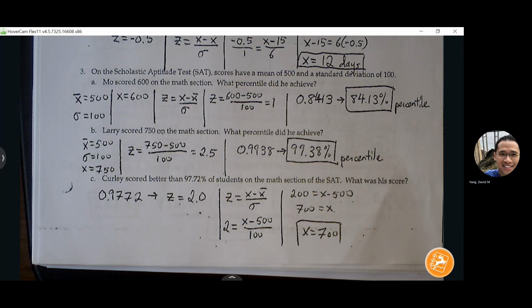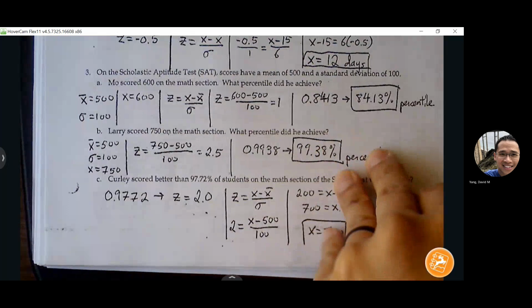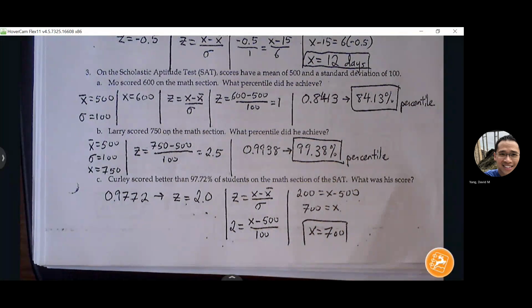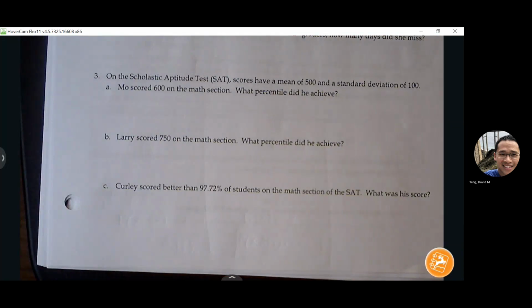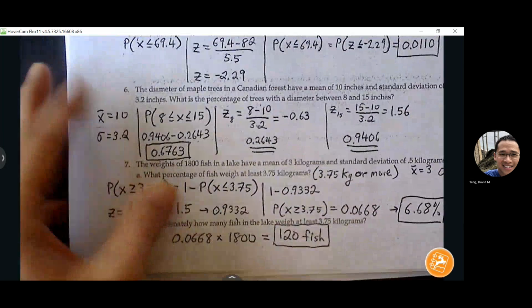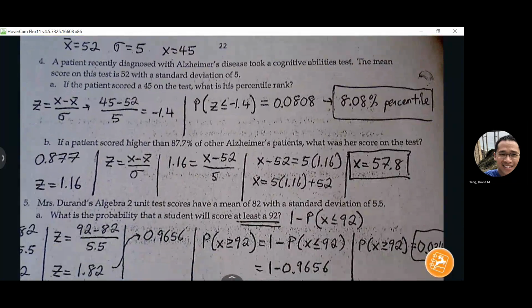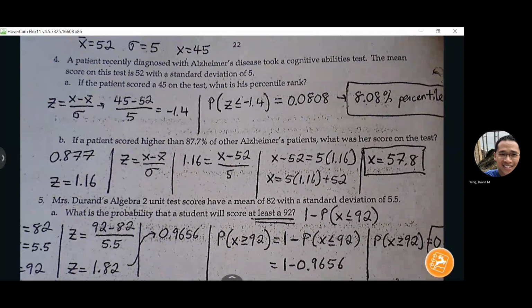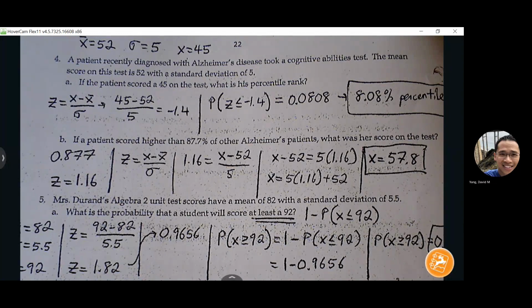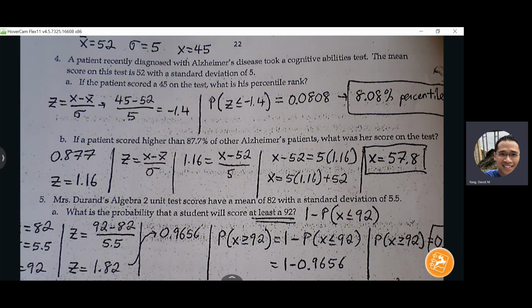Is anybody still working on number 2? Okay, check your answers. Problem 3, if you've done that already.